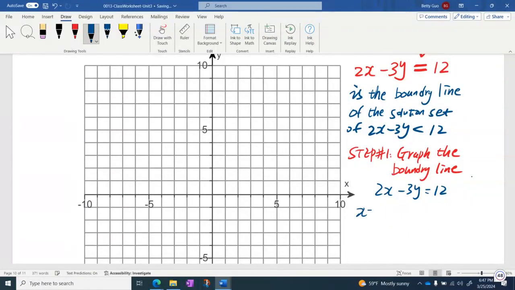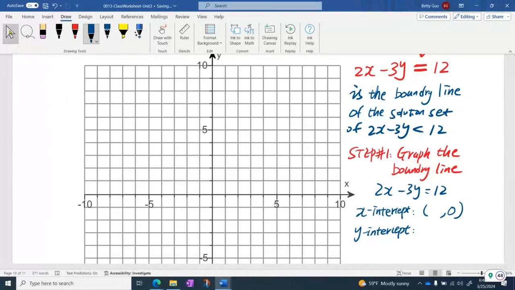Two intercepts: the x-intercept and the y-intercept. I'm going to show you how convenient it is to find the x-intercept and y-intercept if the straight line is in standard form. To find the x-intercept, we make y be 0.